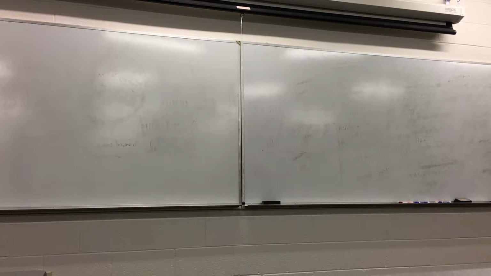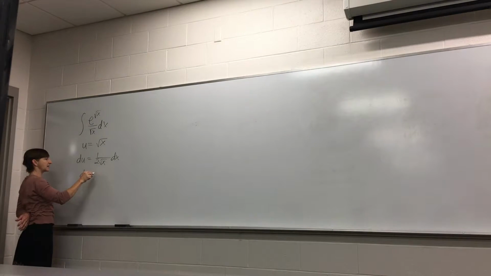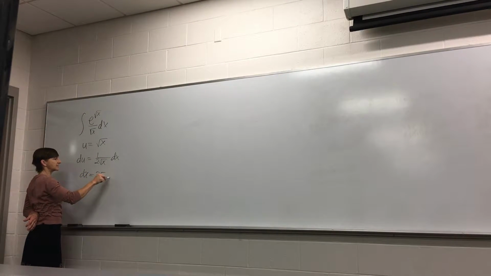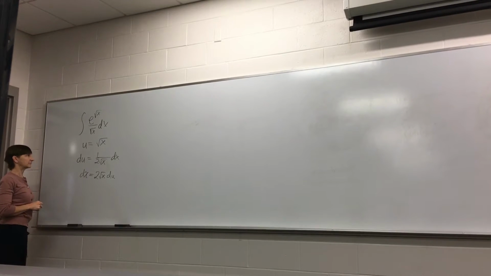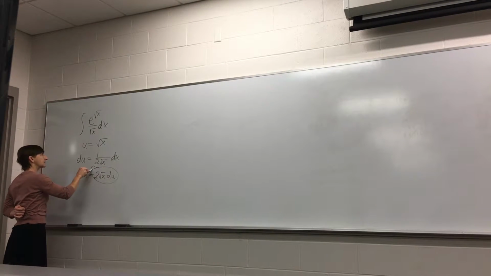So you were right in letting u equal that. And those of you who like to solve for dx, you would end up with 2 root x du. So this gets put in place of dx.